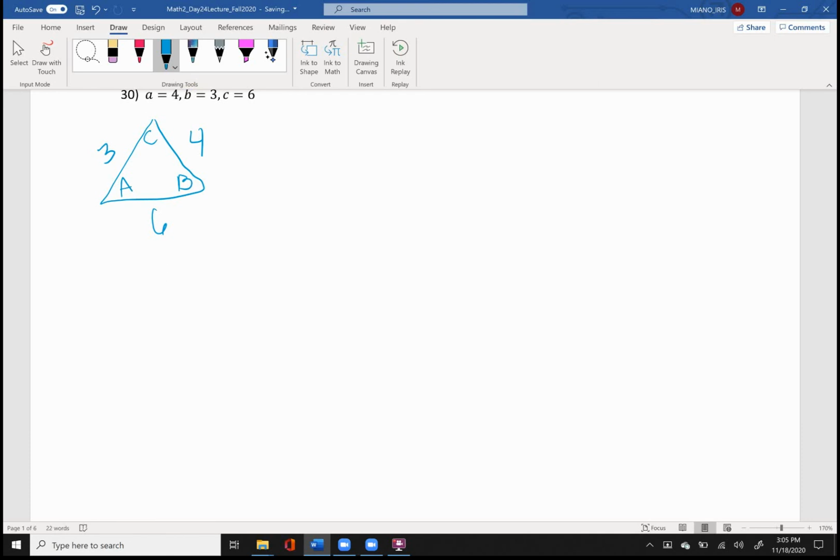So where do we want to start with this? It doesn't really matter. I chose for no particular reason to go the a squared version of law of cosines. So I said a squared equals b squared plus c squared minus 2bc cosine of A. All right. And we're going to do this to figure out what the value of the cosine of A is, okay?